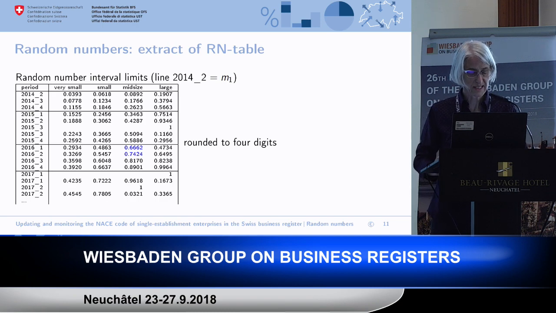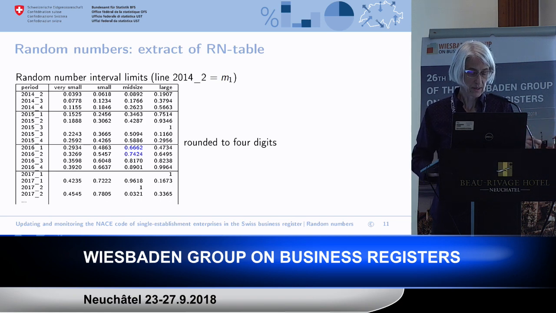This table shows an extract of the random numbers, or more precisely, the random number interval limits. The first line, the second quarter of 2014, which was the time of the first quarterly frame, corresponds to the first selection interval.